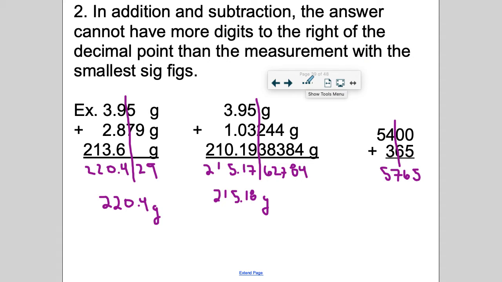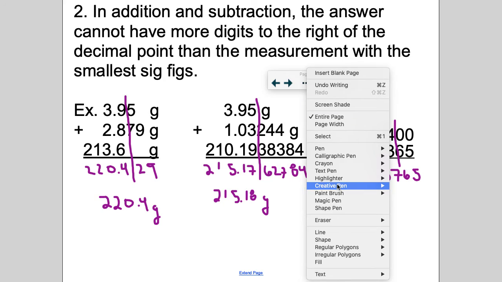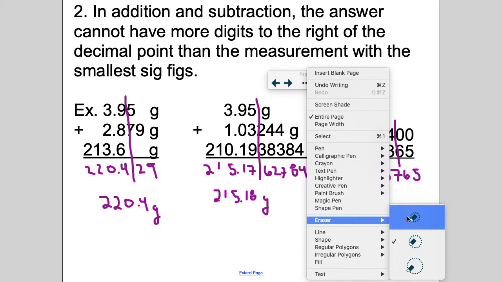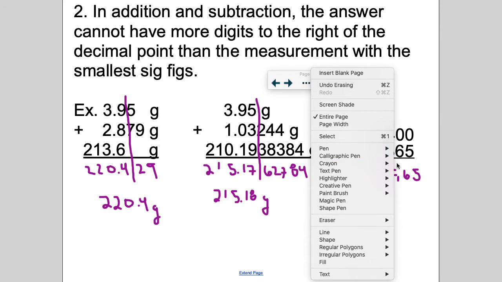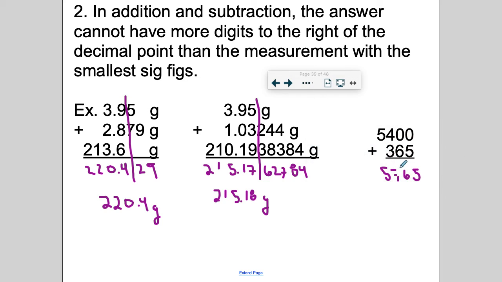There's no decimal. There's no decimal. Never mind. Hold on, let me get my eraser. I don't know why I drew that line. I was like, oh, zeros, they're not significant.